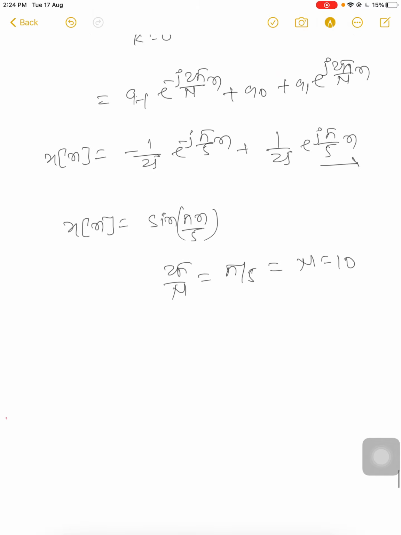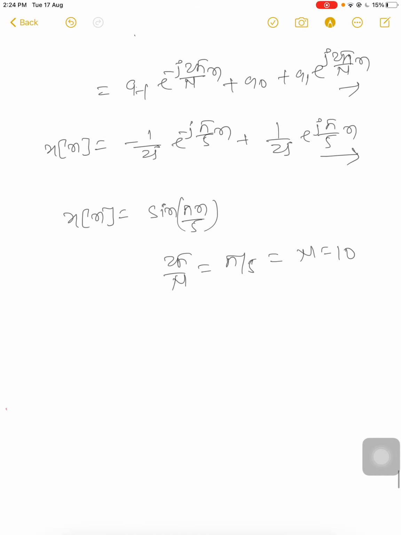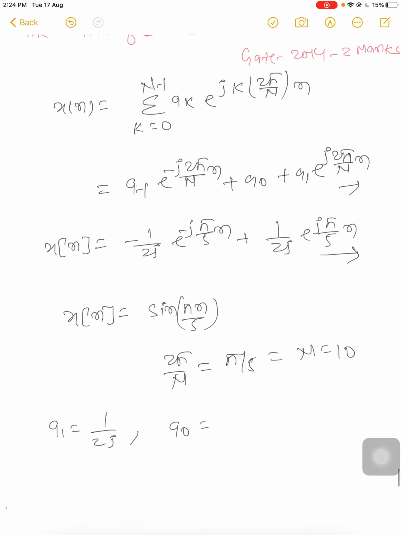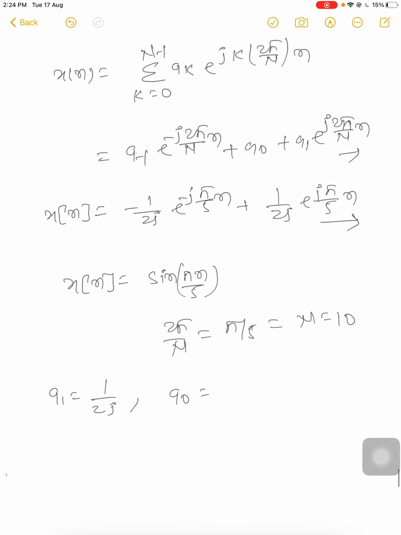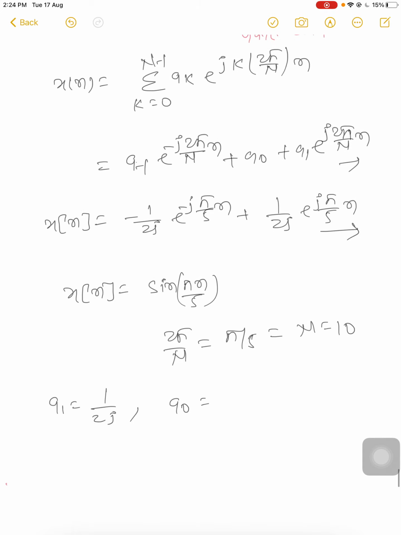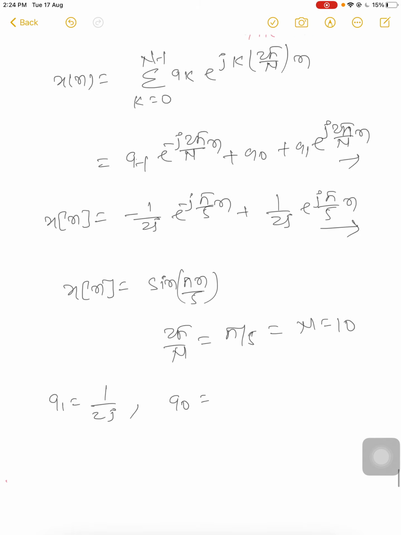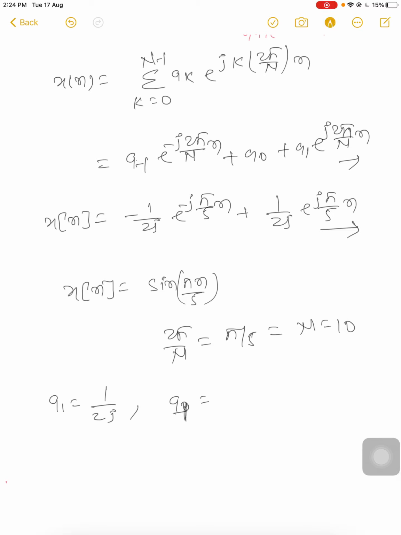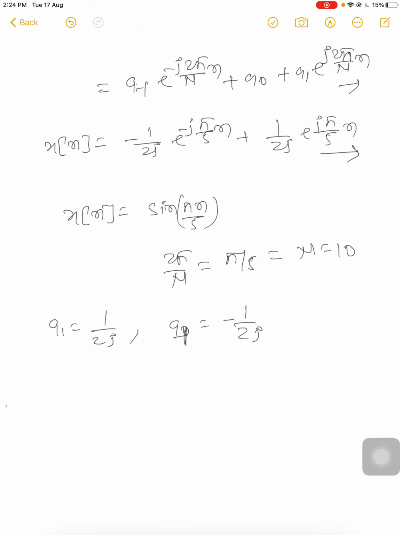By comparing this equation, you will get a1 is equal to 1 upon 2j, and a minus 1 we will get minus 1 by 2j. Okay, a naught will be 0.